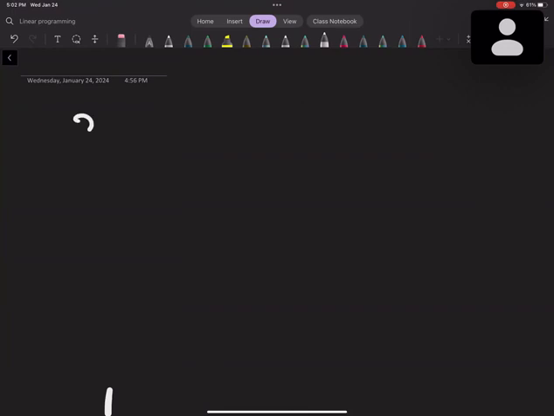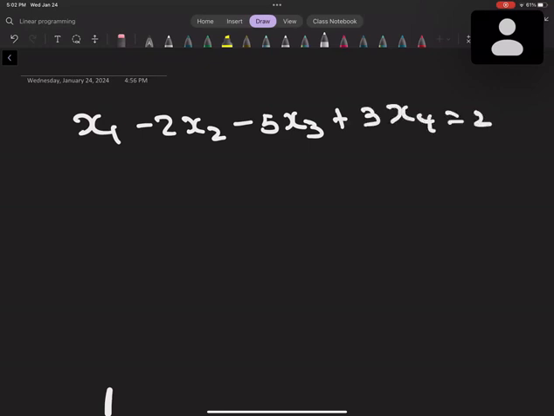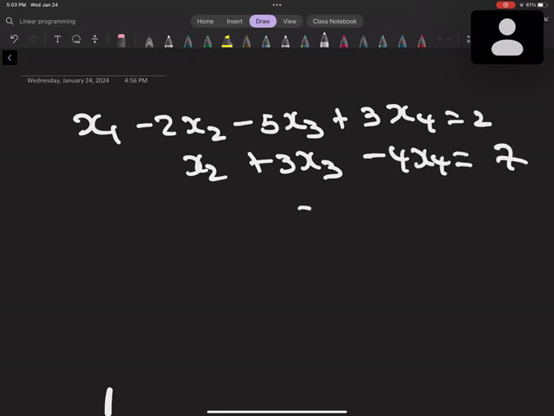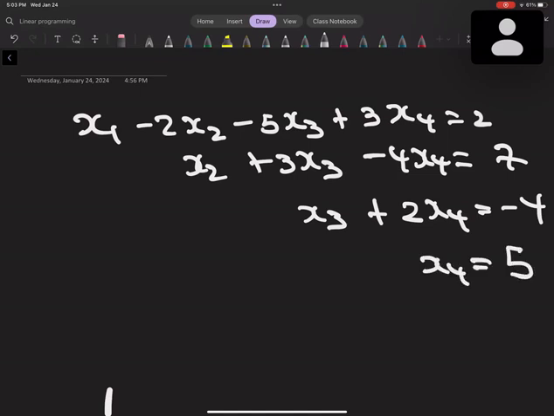We got x1 minus 2x2 minus 5x3 plus 3x4 equals 2, x2 plus 3x3 minus 4x4 equals 7, x3 plus 2x4 equals minus 4, and x4 equals 5. So the right-hand sides are 2, 7, minus 4, 5.